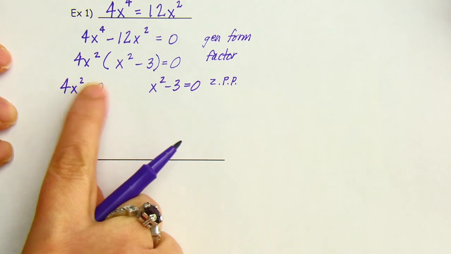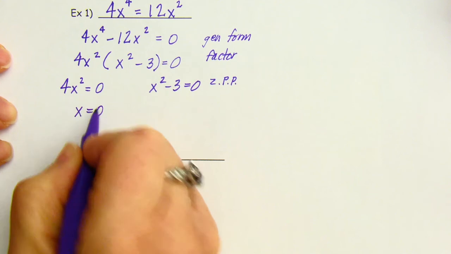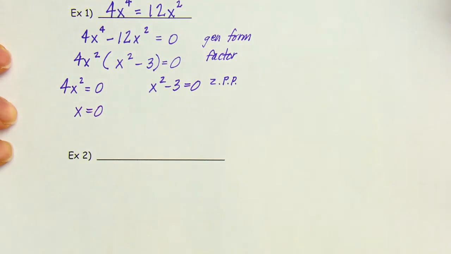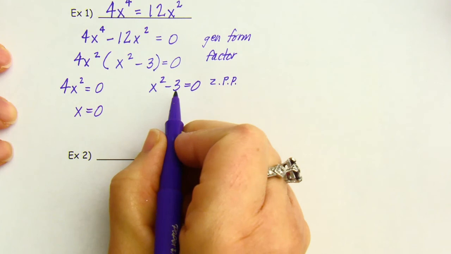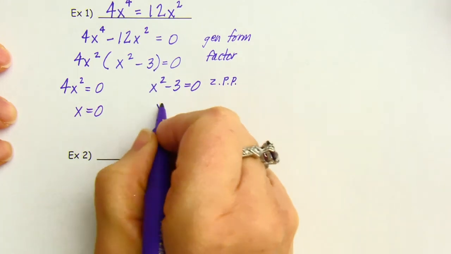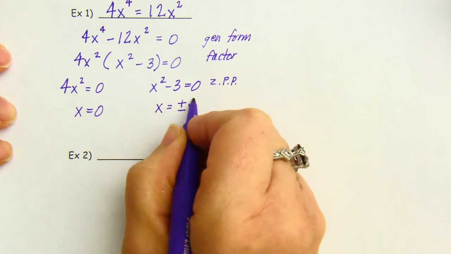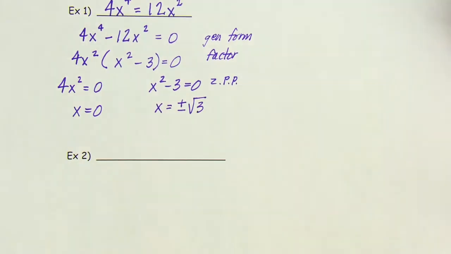When I take the square root, I'm still going to get 0. So x equals 0. When I take the 3 over, it becomes positive, and when I remove the squaring by square root, x equals positive or negative square root of 3. Now remember, the plus or minus has to be out front, not inside the radical.